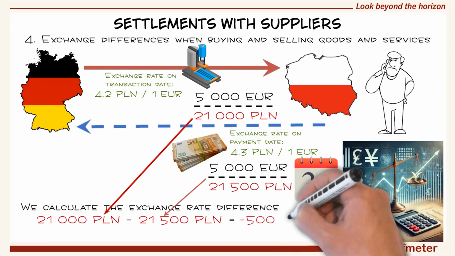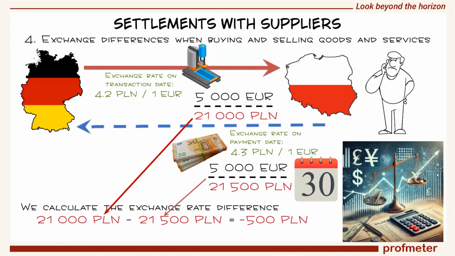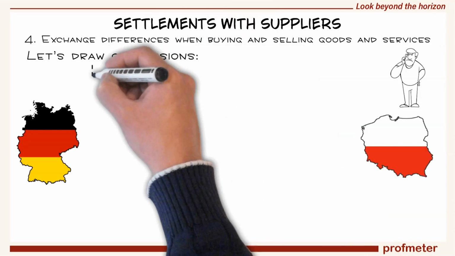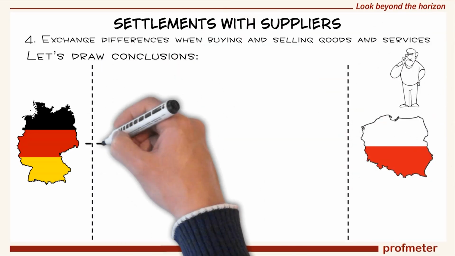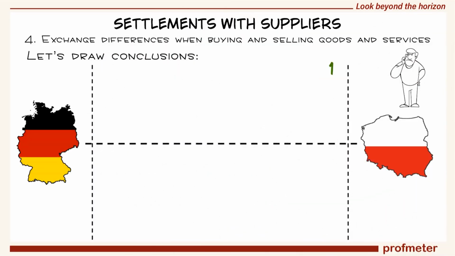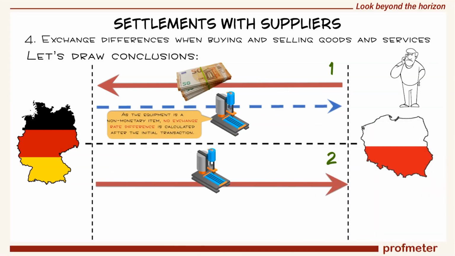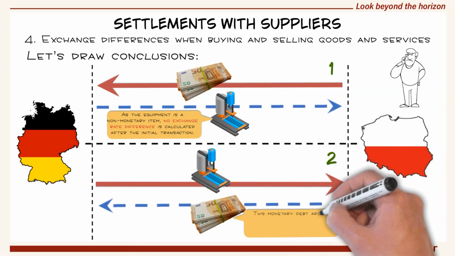That is, the difference of 500 zlotys is an exchange rate loss, which is written off to the company's expenses. Conclusions. Unlike the first example, where the prepayment fixed the value of the asset without subsequent exchange rate differences, here we have a monetary debt, which is adjusted at the current rate. Therefore, this second scenario results in an exchange rate loss, directly impacting the company's financial performance.